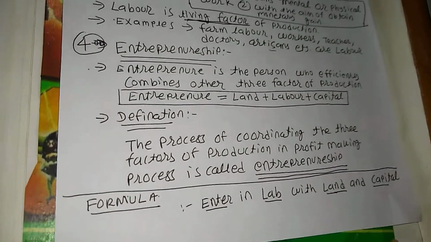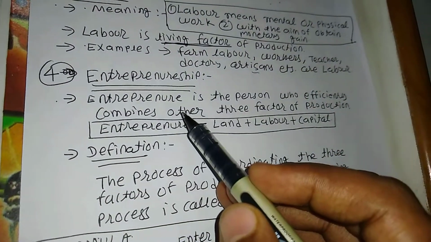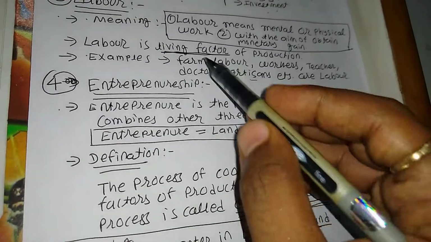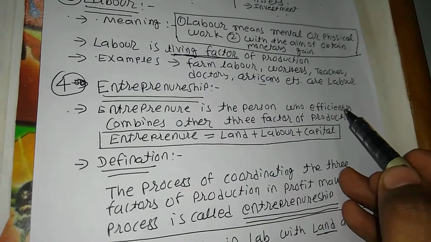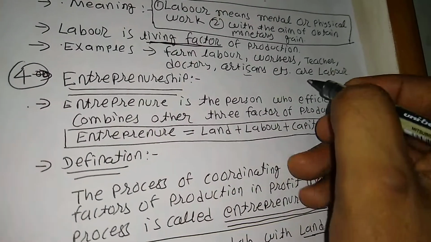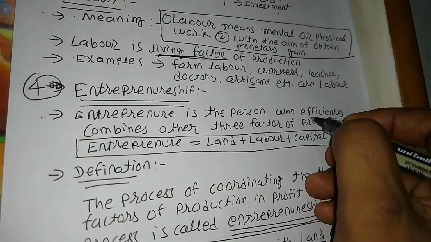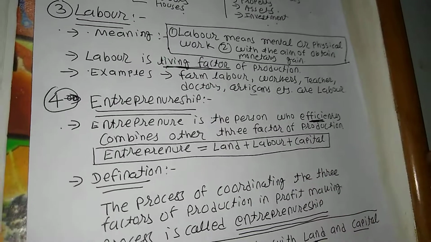The fourth is entrepreneurship. The entrepreneur is a person, also a living factor, who efficiently combines the other three factors of production. The word efficiently is compulsory here, because the focus is on profit making.